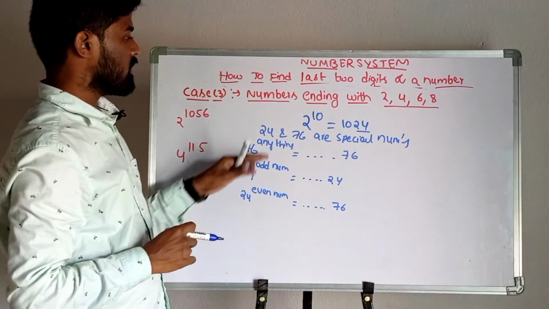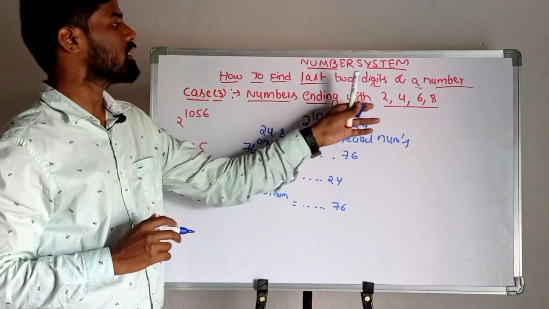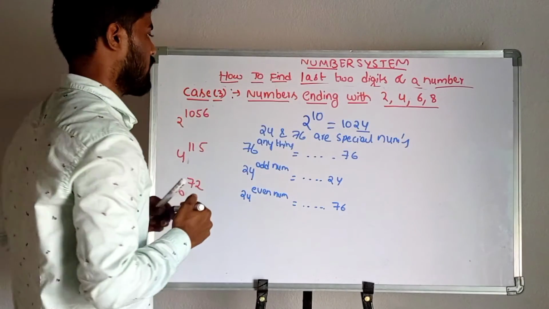We have to remember this concept for finding the last two digits of numbers ending with 2, 4, 6, 8.